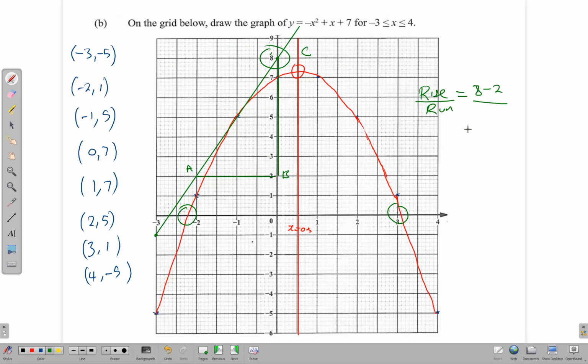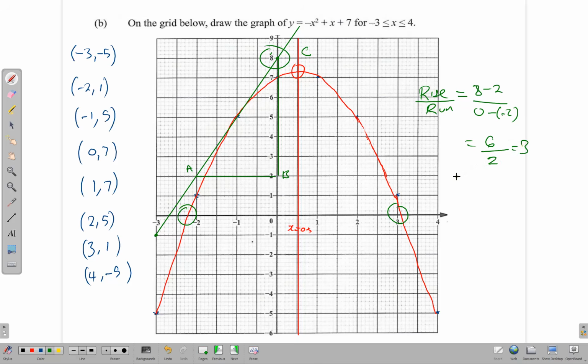So it's going to be 0 minus this number here, which is -2. So that's our run. You could also count the boxes. So this is 2, and the rise is 1, 2, 3, 4, 5, 6. So notice that we get 6 over 2, and that gives us 3.